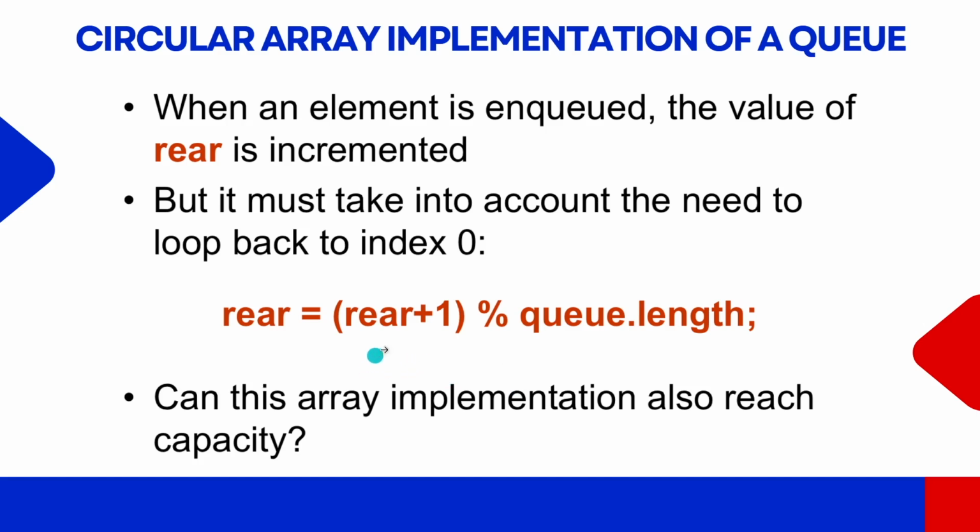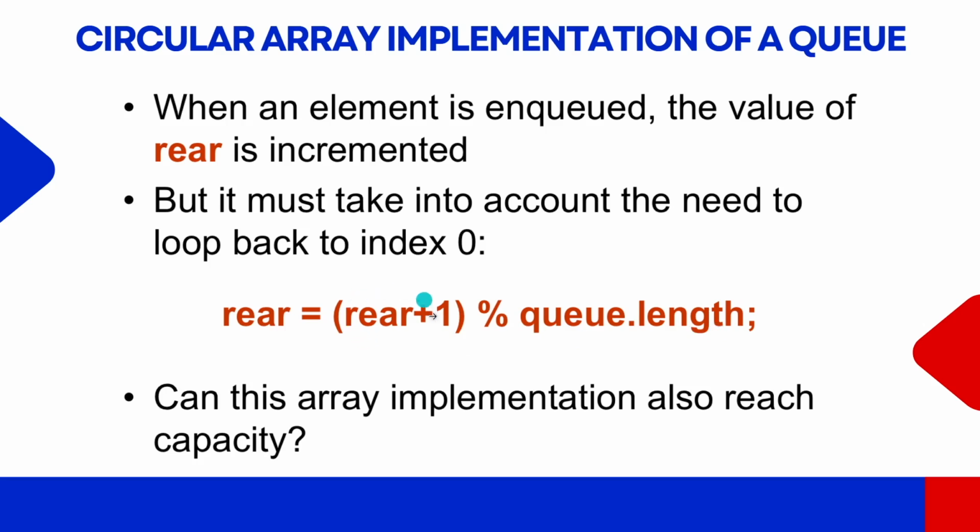In the circular implementation, whenever we increment the value for rear while adding a new element to the queue, we also check that we do not exceed the array limits, but wrap up to the 0th position, the first position of the queue. To ensure that, we use this formula: every time we assign the value of rear to be (rear plus 1) mod q length.